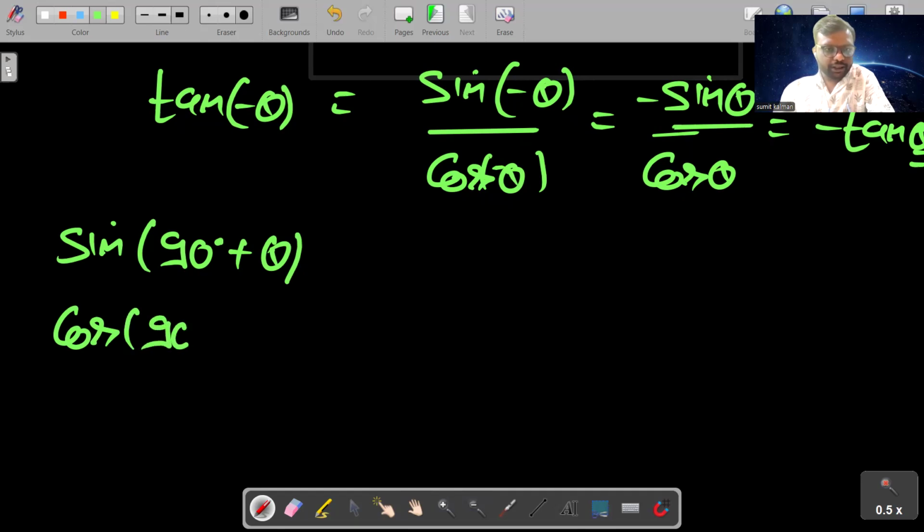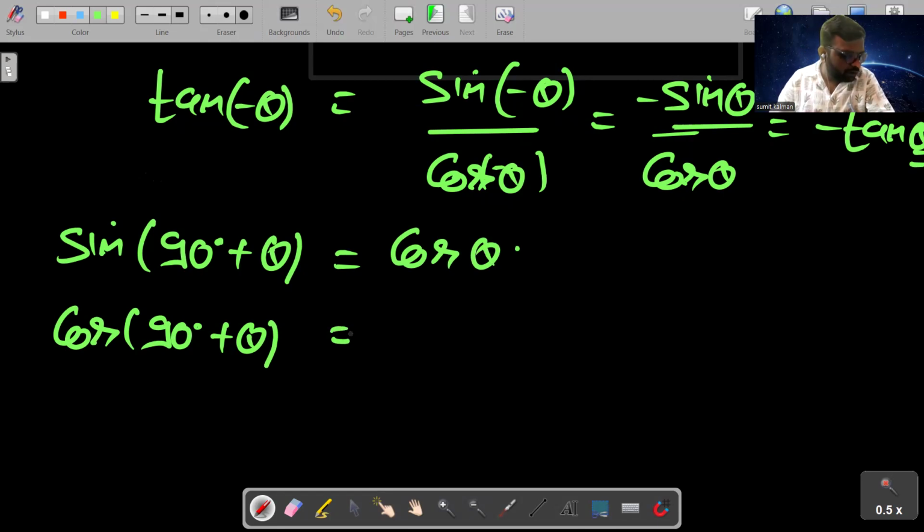Students, you can prove these values from sine A plus B. So sine 90 plus theta will come out to be cos theta, and cos 90 plus theta will come out to be minus sine theta.